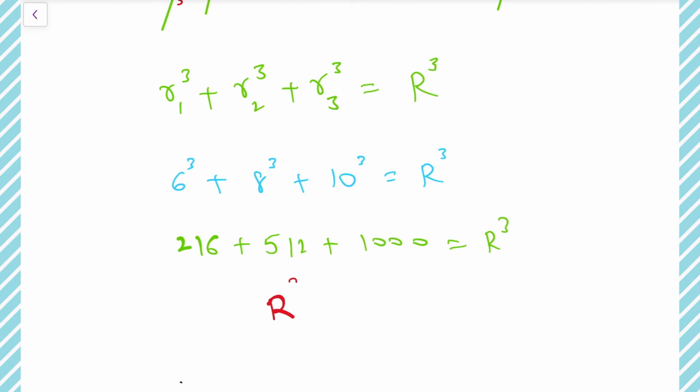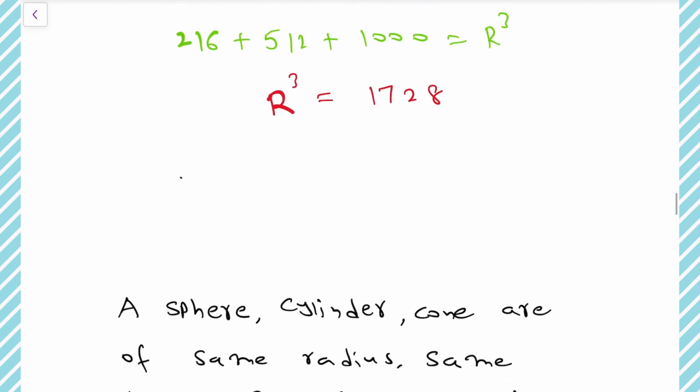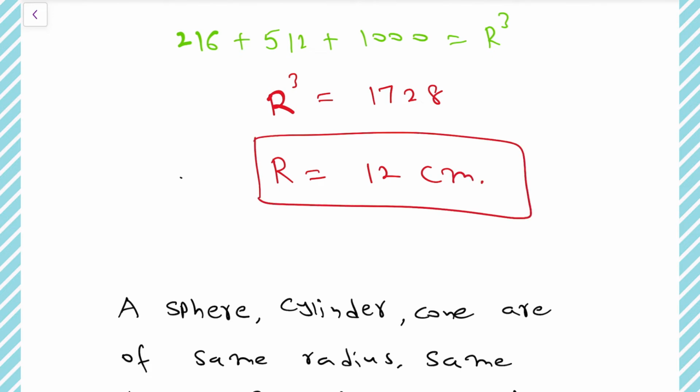Capital R cube is equal to 1728. So which number cube is 1728? That is 12. So capital R is equal to 12 centimeters. The radius of the resulting sphere is 12 centimeters.